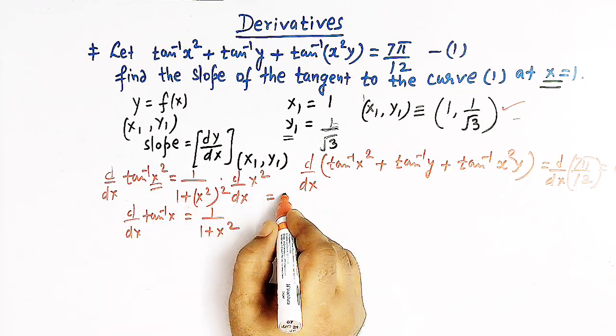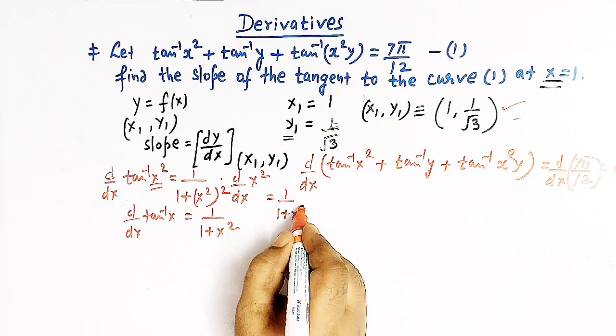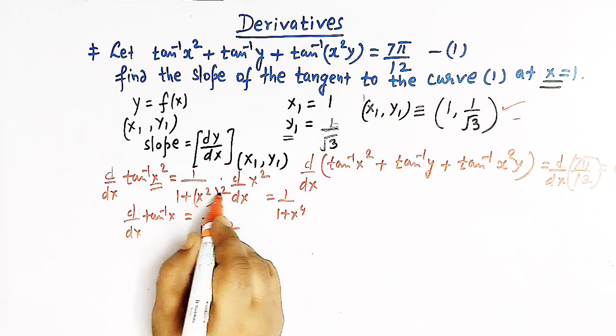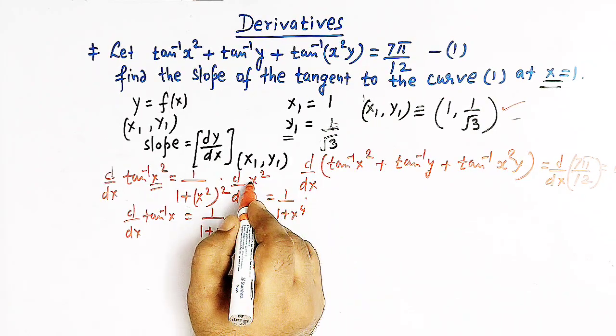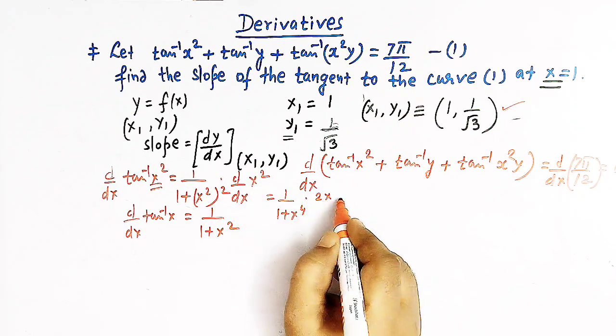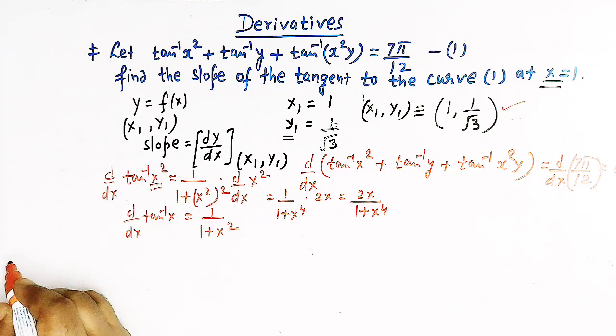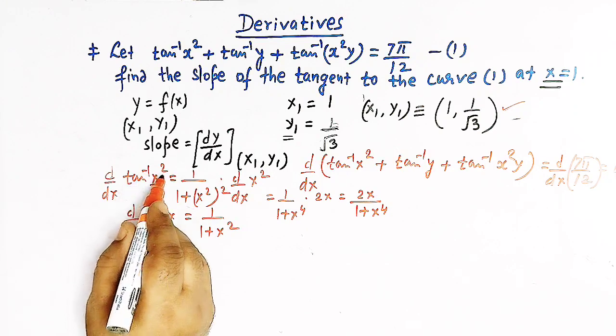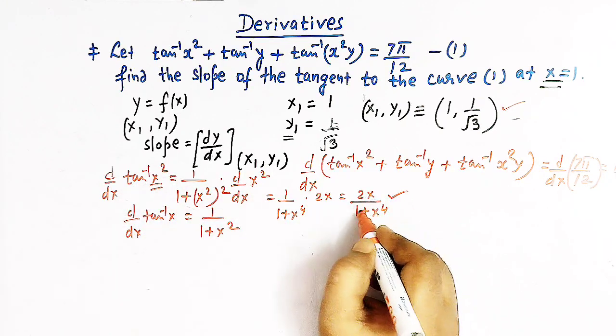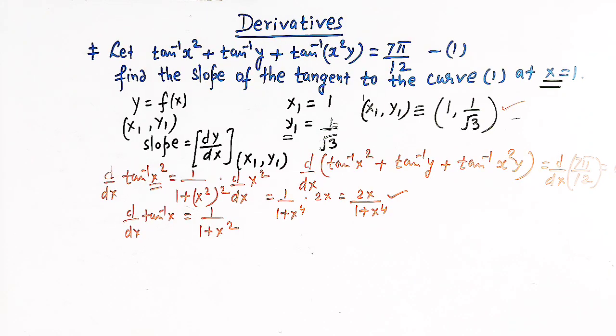So here we have 1 over 1 plus x raised to 4, since 2 times 2 is 4, and the derivative of x squared is 2x. So we have 2x over 1 plus x raised to 4. So the derivative of tan inverse x squared is 2x over 1 plus x raised to 4.